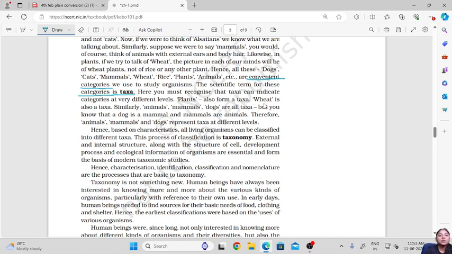For example, mammals, dogs, animals, plants, all these represent a taxon or a category at different levels. There are different levels or ranks of these taxa or categories.